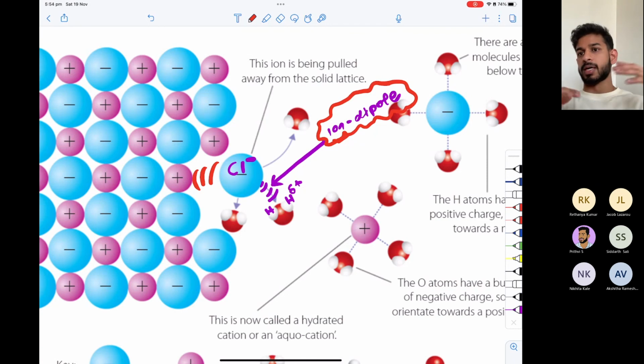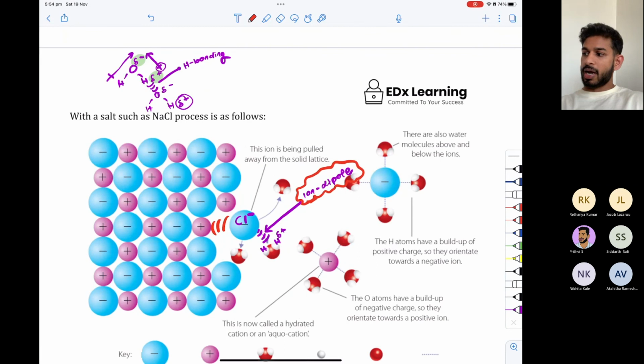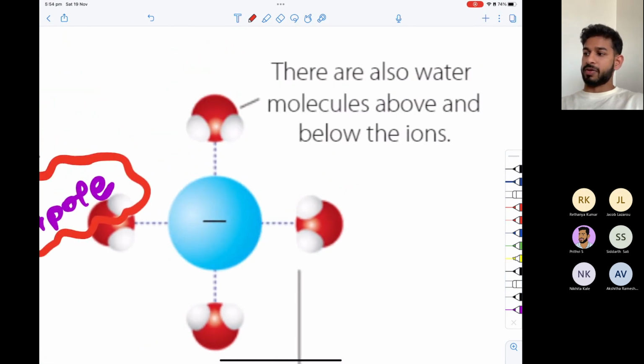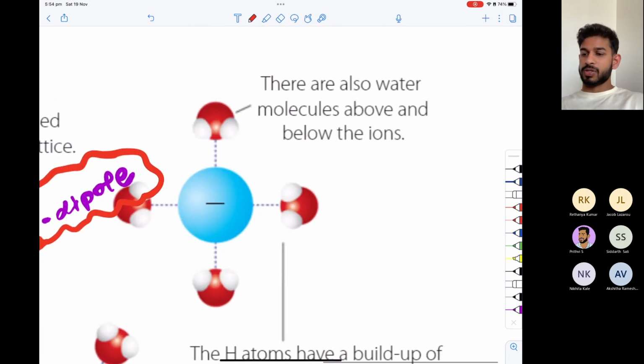So my point being, there's a lot more ion dipole bonds that form than you see here. In this image, it shows you 3 ion dipole bonds for every ion. In reality, it's hundreds, thousands. So that explains why water, which is so weak in terms of its bonding, can actually rip apart such a strong lattice.